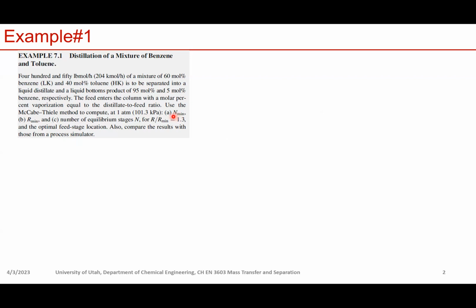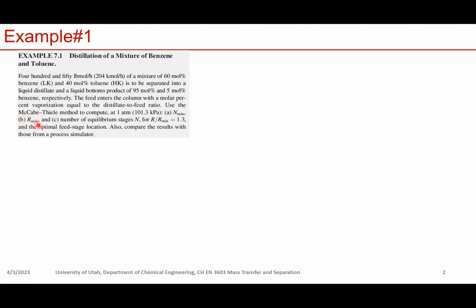And we can just do a step-off process between the equilibrium line and the 45-degree line to find the minimum number of stages, starting from the distillate composition, which is 95% light K, and the bottom composition, which is 5% light K.